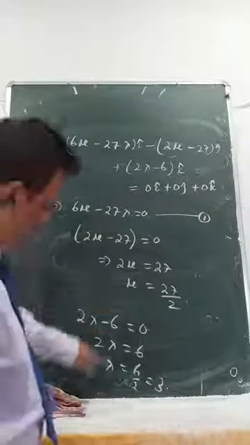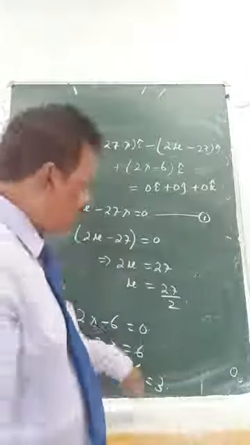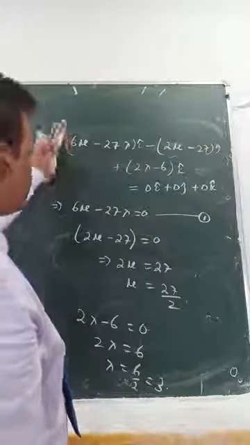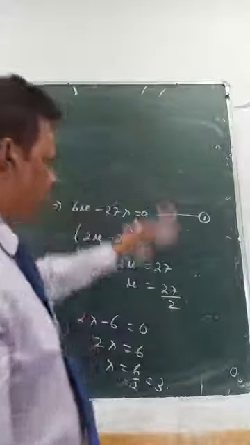So you got mu and lambda, or not? Whether this is correct or not, you have to put it here and verify it. That verification is a must. Otherwise, you lose 1 mark.